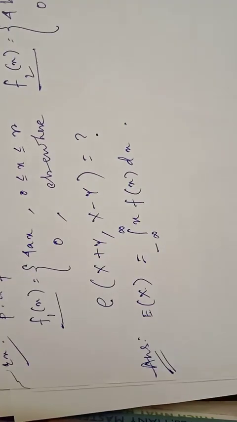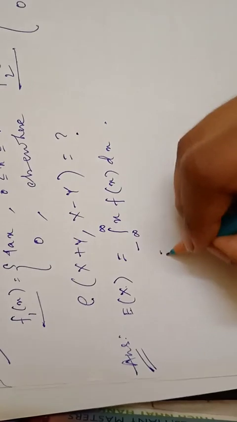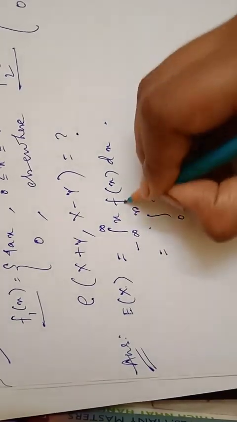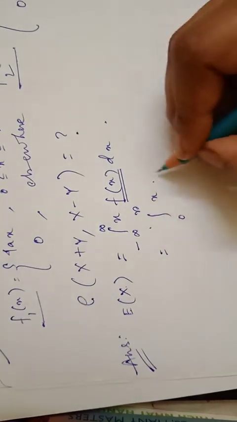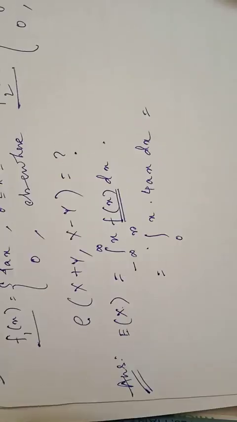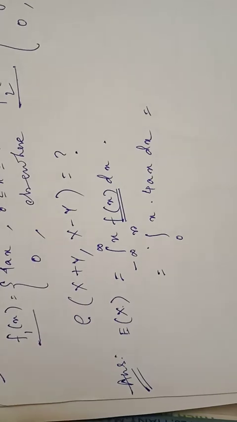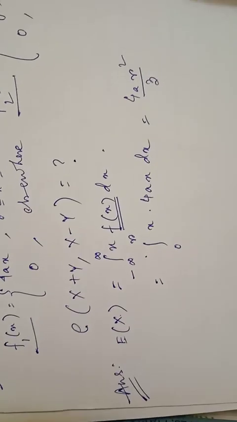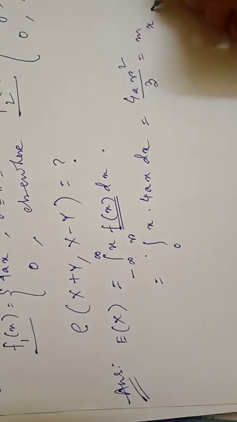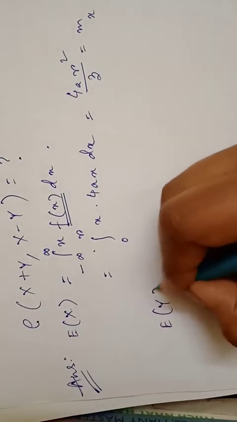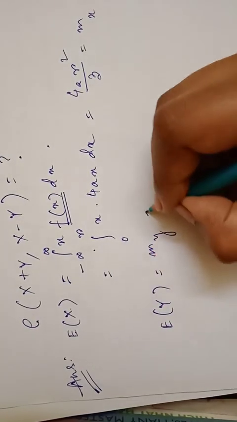Here the range is 0 to r, x into f1(x) is 4ax dx. Just integrate it, you will get the value as 4a r square by 3. So this is our mx or expectation of x. Similarly you can find expectation of y which is my.